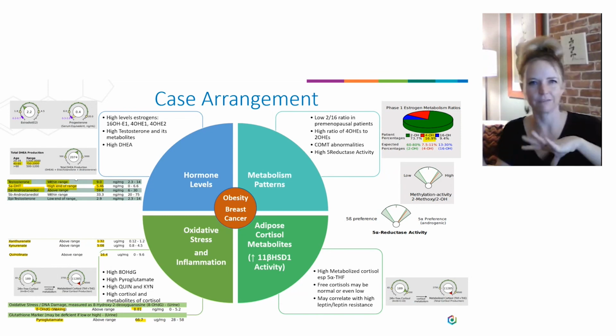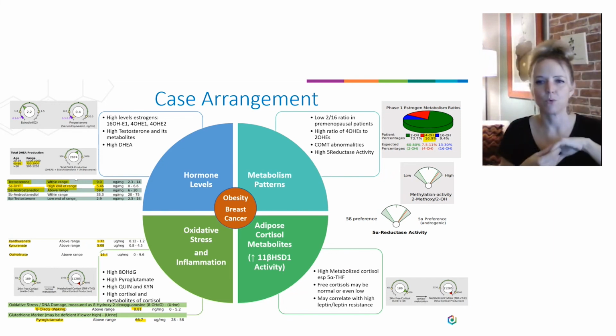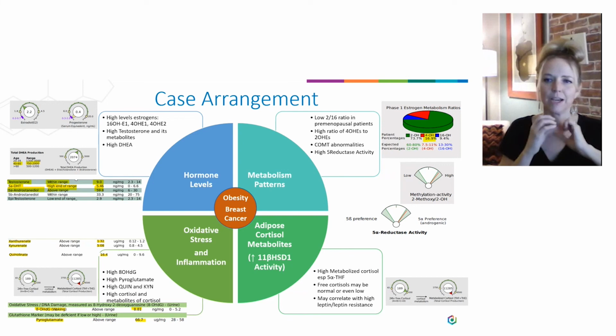So everything else, like the 5-alpha reductase activity and the high androgens and the CYP1B1 activity and the estrogen metabolism, all of that should improve from addressing or getting 3, 5, 10% of her body fat gone. So really concentrating there.